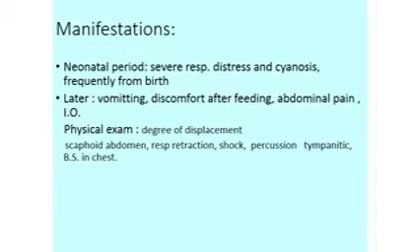How does it manifest? According to the site and according to the severity of the defect. The larger the defect, the more intestinal viscera would herniate into the thoracic cavity, so the earlier and the more severe presentation will be seen.